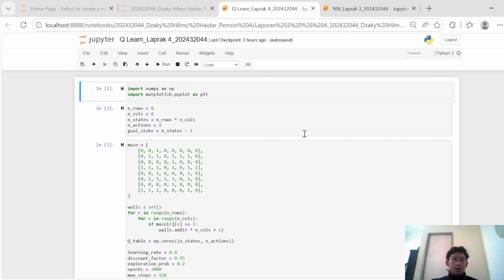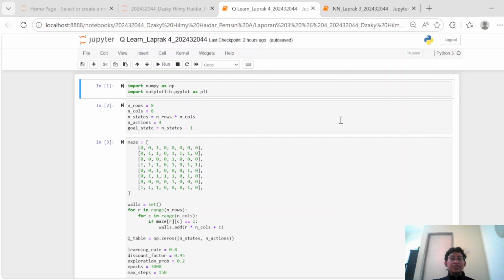Here, of course, first we set up the import library and import the libraries that are necessary. Let us first discuss how the environment is structured. We scaled up the initial 6 by 6 maze into an 8 by 8 grid, which drastically expands the complexity of the problem.